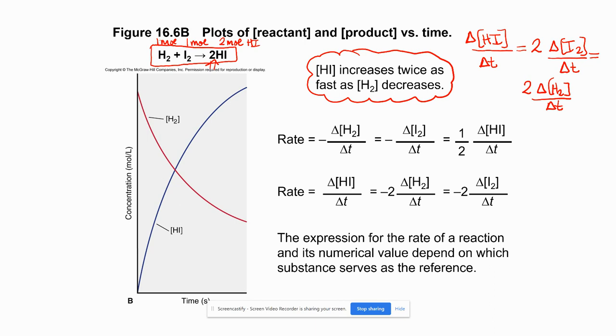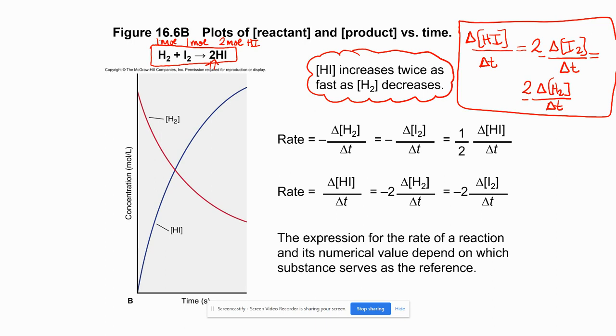Now, if you look closely at this expression that I've written out, we can also write it a different way. And I should probably include the negatives in front of the reactants, right?